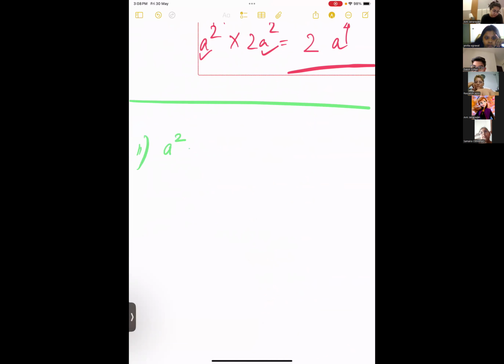A square minus square bracket, x square minus curly bracket. This is really fun. X square minus, now what bracket we call this, I don't know. Z square minus x square, minus y square. It's such a big question.